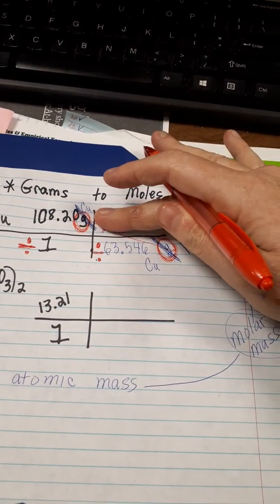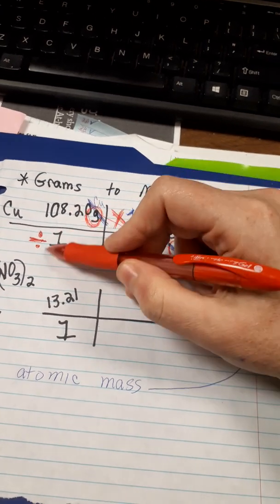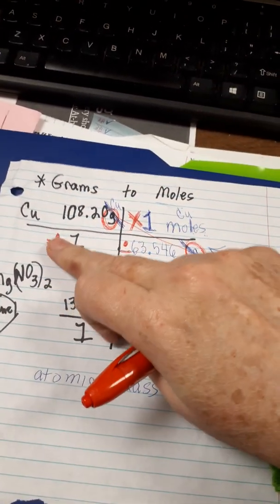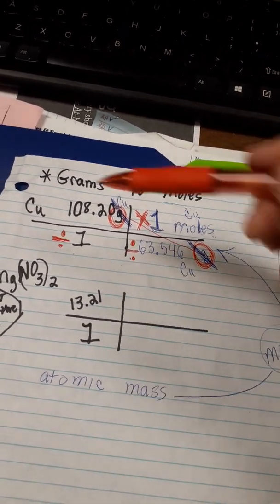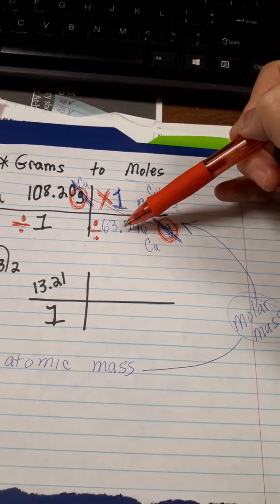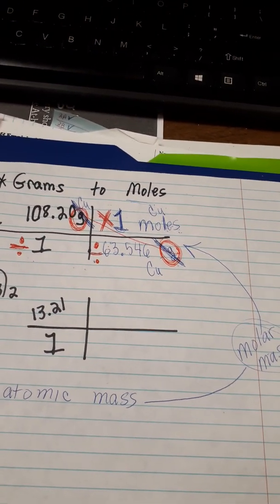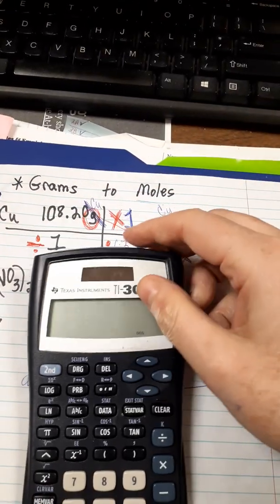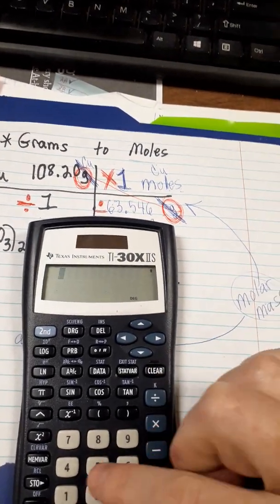Dividing by 1 won't make the number change either. So you could actually skip that. The part you have to do is 108.20 divided by 63.546. But I'll go ahead and show all of it in the calculator, just so that you see you could put all of it in if you wanted.